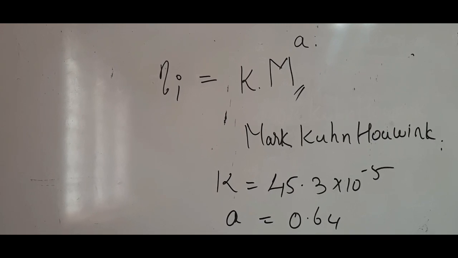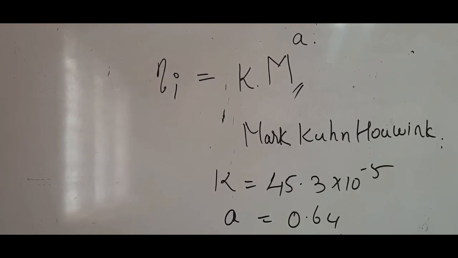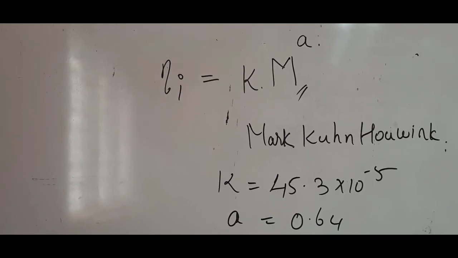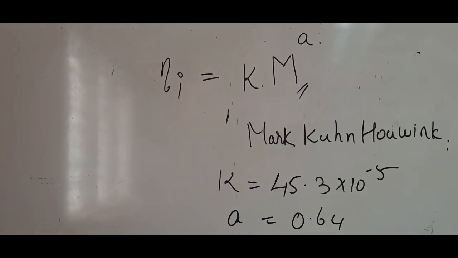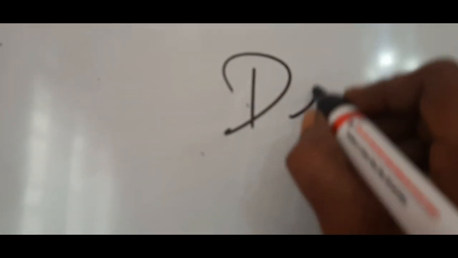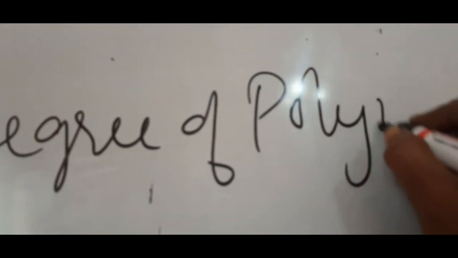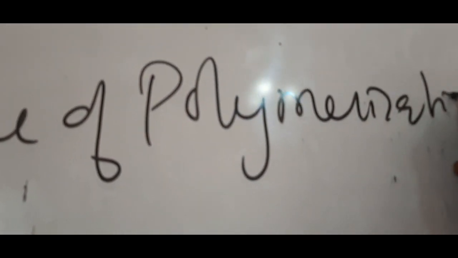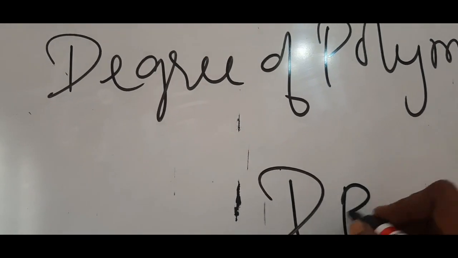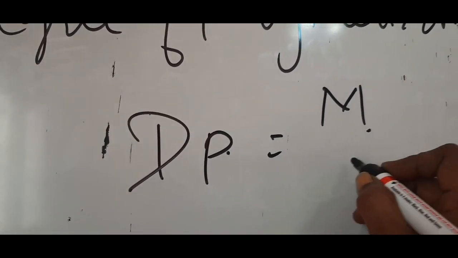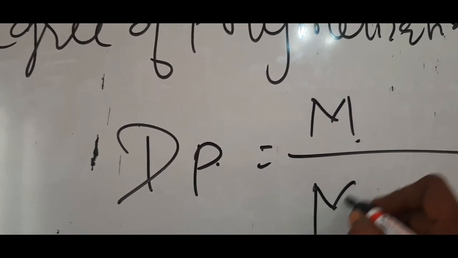Knowing the molecular weight of the polymer, we can also find out the degree of polymerization. Simply we can represent it as DP. So that is equal to M, the molecular weight of the polymer, divided by M₀, the molecular weight of the monomer.